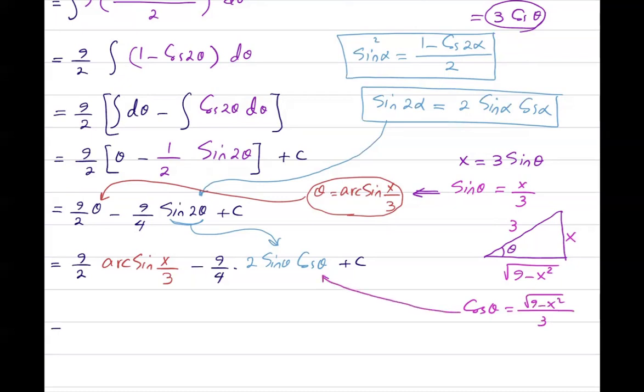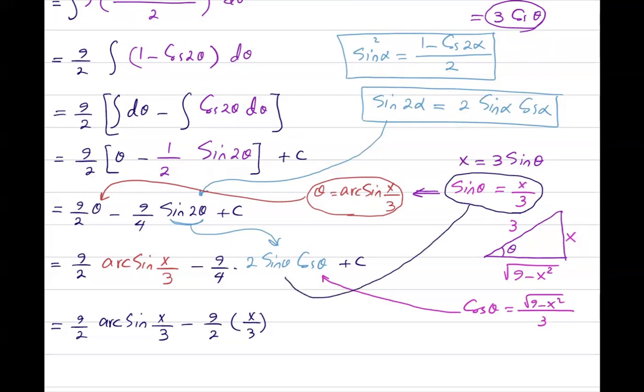Perfect. So you have 9/2 arc sine of x divided by 3 minus 9/2 times sine theta, which is basically x divided by 3. This is your sine. You already know that sine theta is equal to x divided by 3.